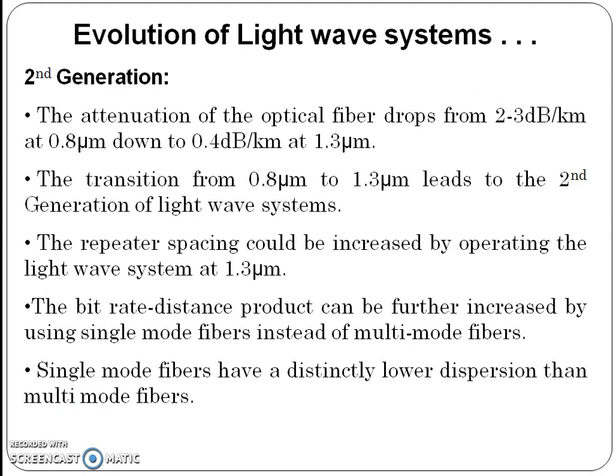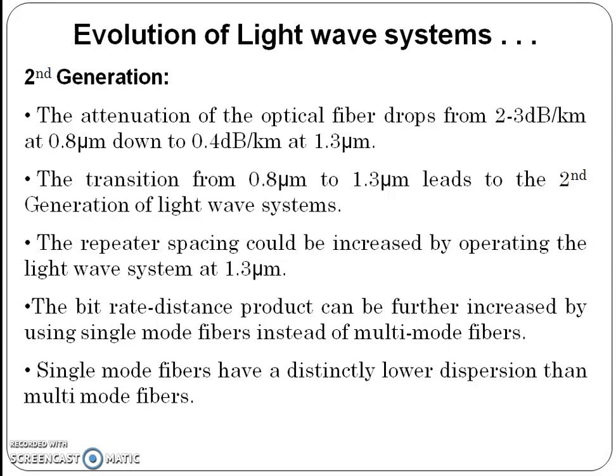Next comes the second generation of light wave systems. Now, the attenuation of optical fiber drops from 2 to 3 dB per kilometer at 0.8 micrometer down to 0.4 dB per kilometer at 1.3 micrometer. The transition from 0.8 micrometer to 1.3 micrometer leads to the second generation of light wave systems.